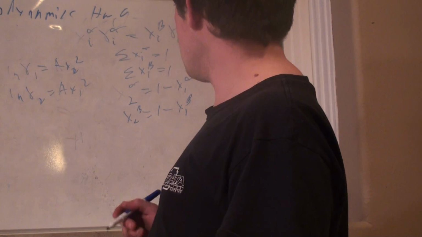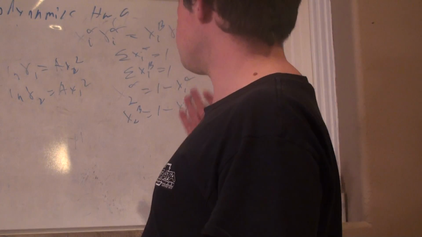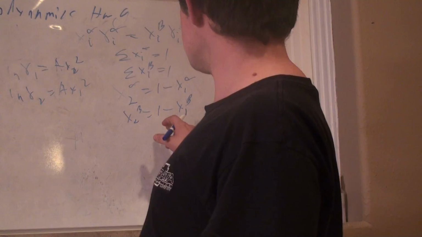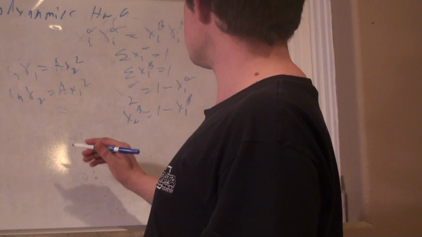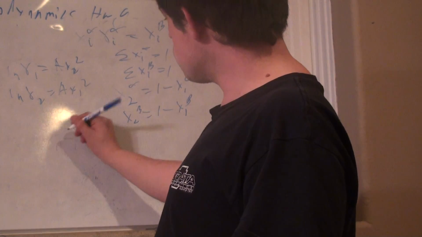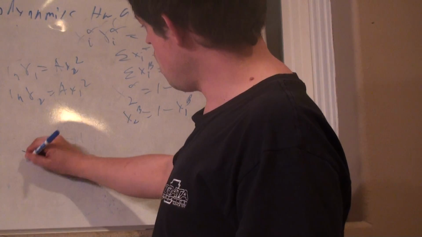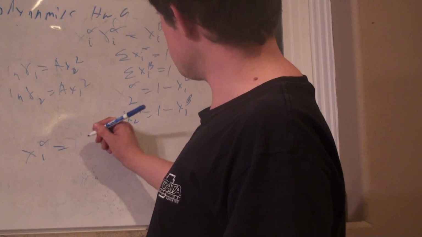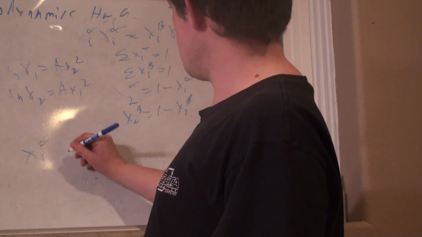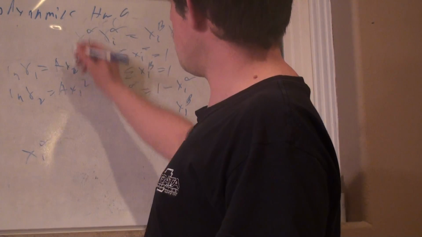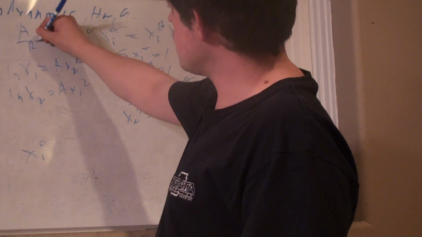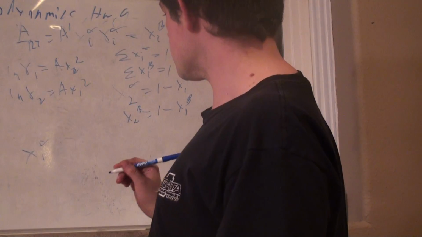Okay, so I've got those equations, and then I have this equation. We'll call A over RT equal to A prime for ease.